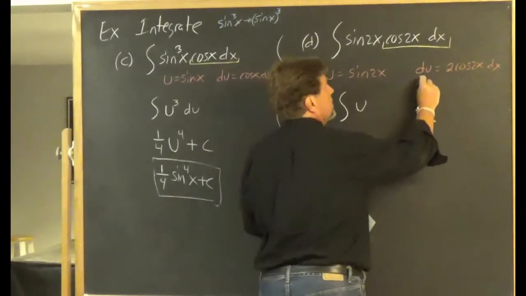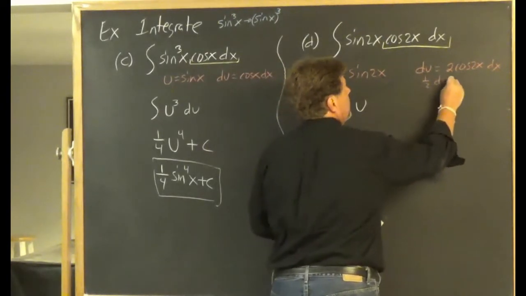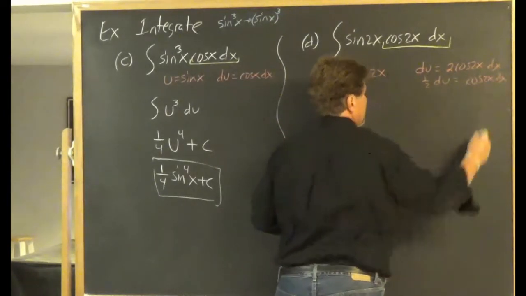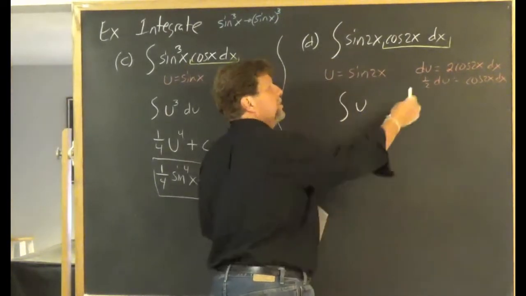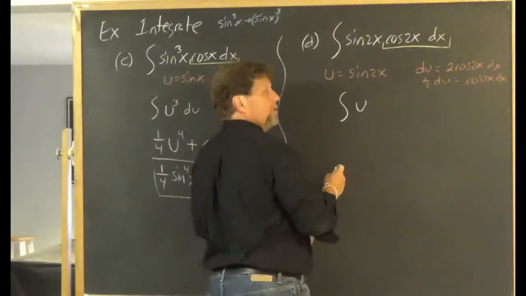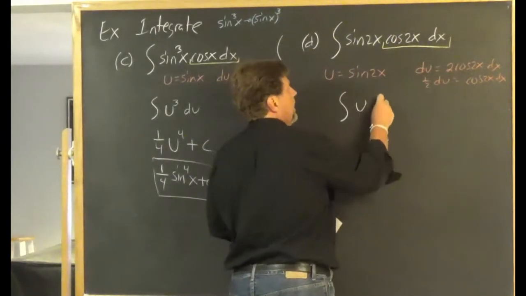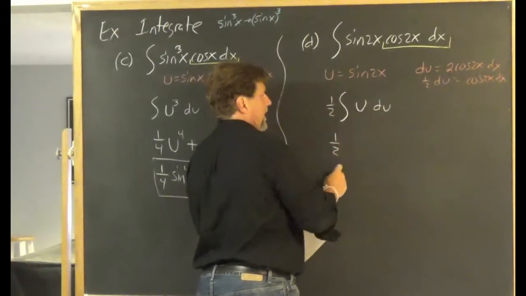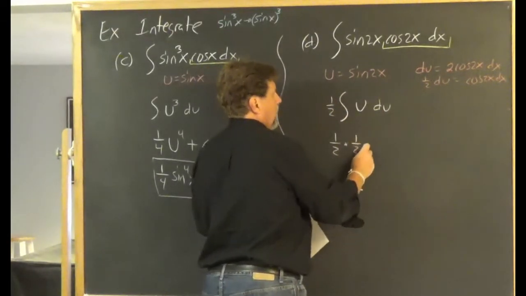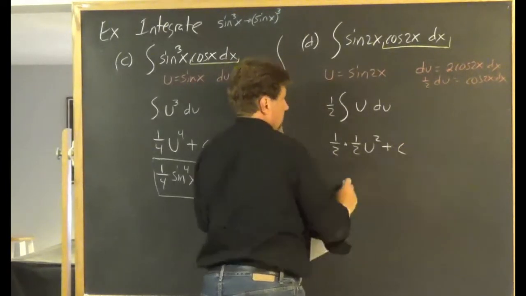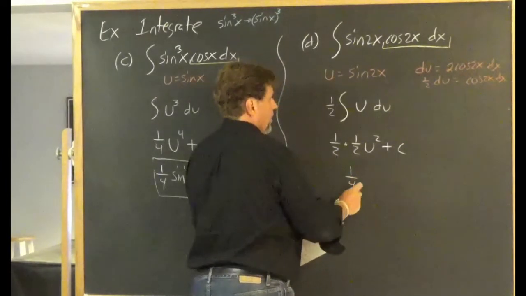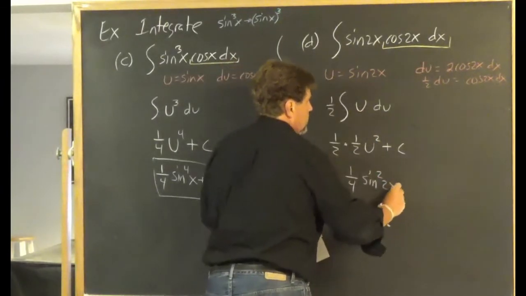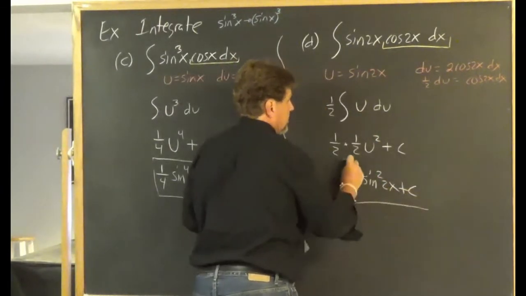It looks like 1/2 du is cosine 2x dx. So I'm going to substitute 1/2 du in for the cosine 2x dx, and I'll just rip the 1/2 out front. Very friendly antiderivative, 1/2 u squared. Resubstitute, we get 1/4 sine squared 2x plus c.